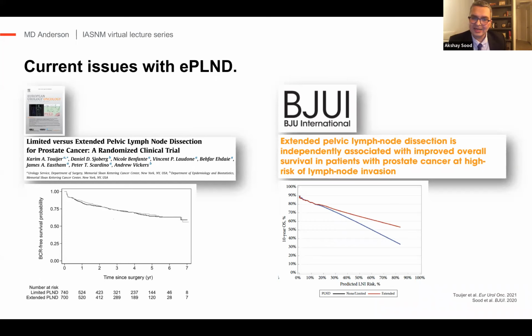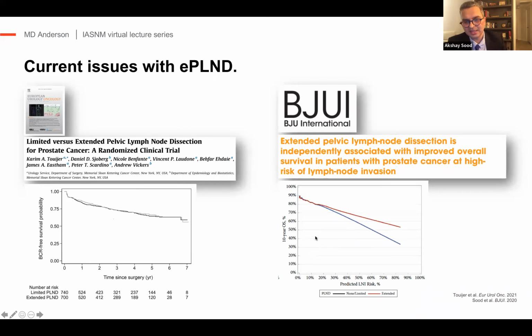So clearly, either the surgeons in the limited group were doing a more aggressive dissection, or in the extended group they were doing a less aggressive one. Surgery is a very operator-dependent procedure. So that was the drawback of this trial: given that both procedures had similar lymph node yields, are they just comparing the same thing? So of course, we're not going to see a benefit there.